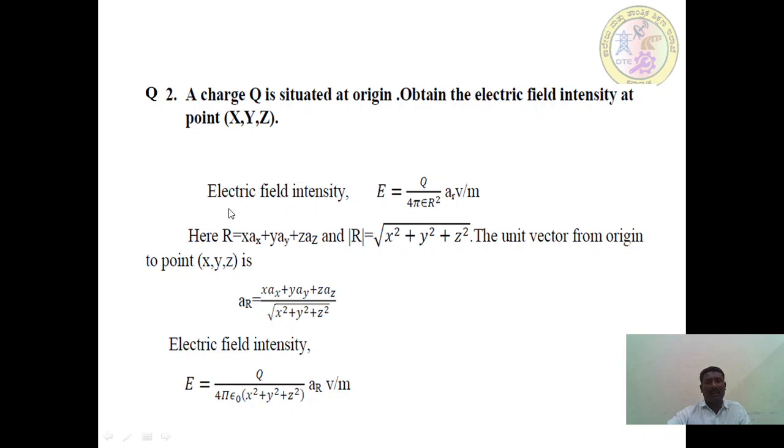In this, we are defining the equation for the electric field intensity, given by E is equal to Q divided by 4 pi epsilon r square into the unit vector, and the unit for the electric field intensity is volt per meter.